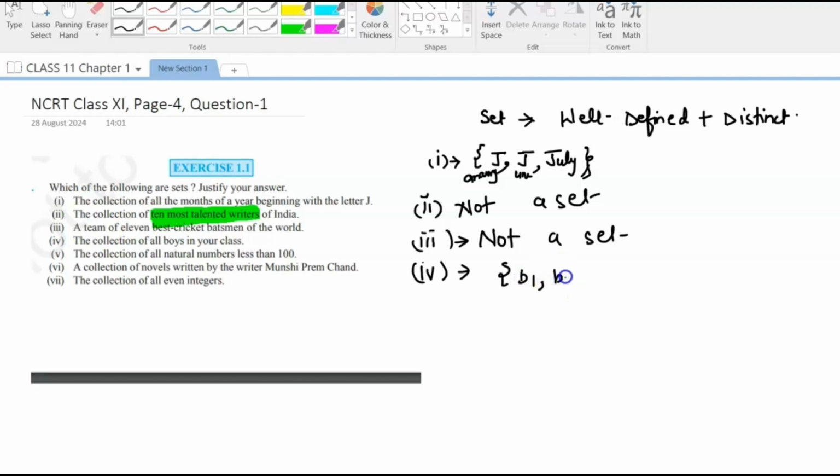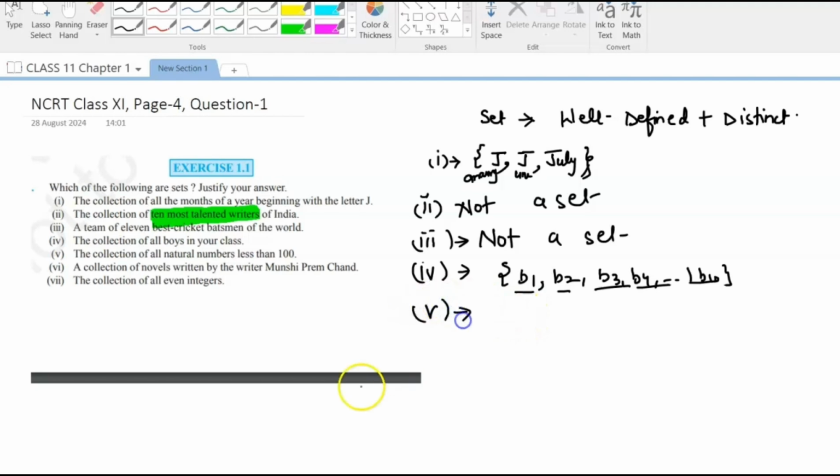So you can write B1, B2, B3, or simply write their names and form the set. So yes, this is a set. And if there are no boys in your class, then you don't have anyone to write over here. What will happen then is what we'll cover in our next topic.